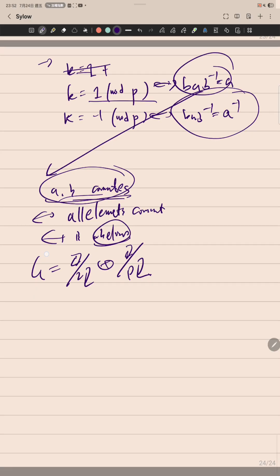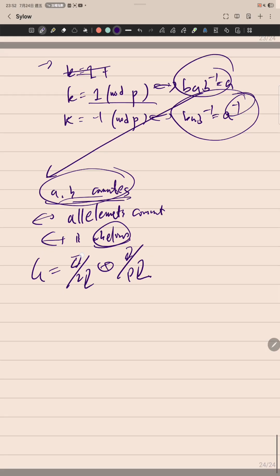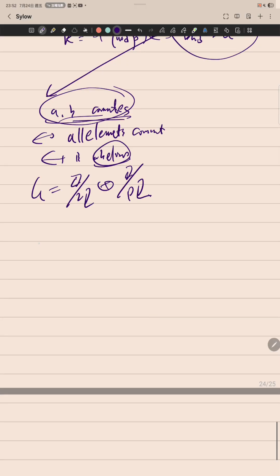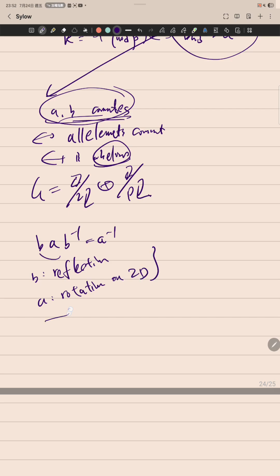When this is minus 1, this tells you that BAB inverse is A inverse. So you can view B as a reflection and A as a rotation on 2D. This is just a dihedral group.